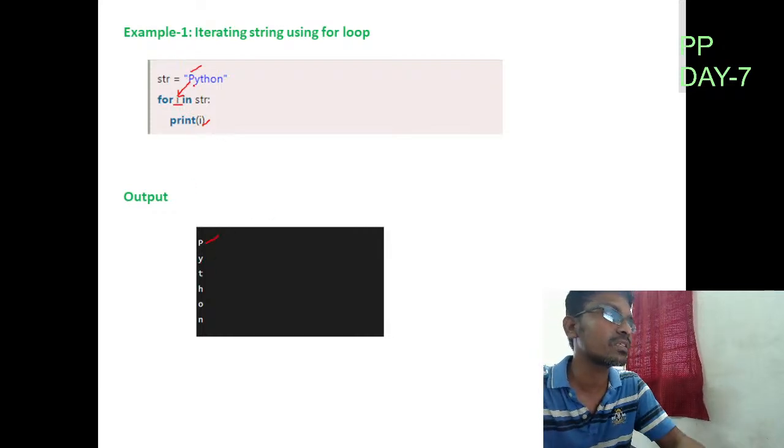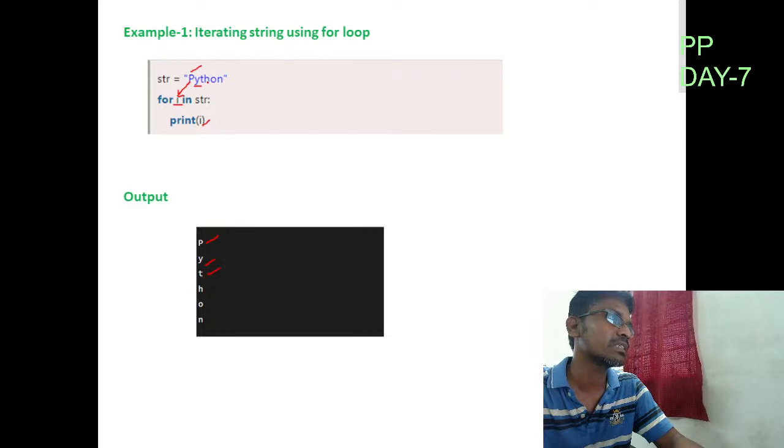The next character is y. Then the y value will be substituted in the place of i. So y in str? Yes, the y character is there in str. Then it will print y. And similarly t: t in str, yes, then it will print t.